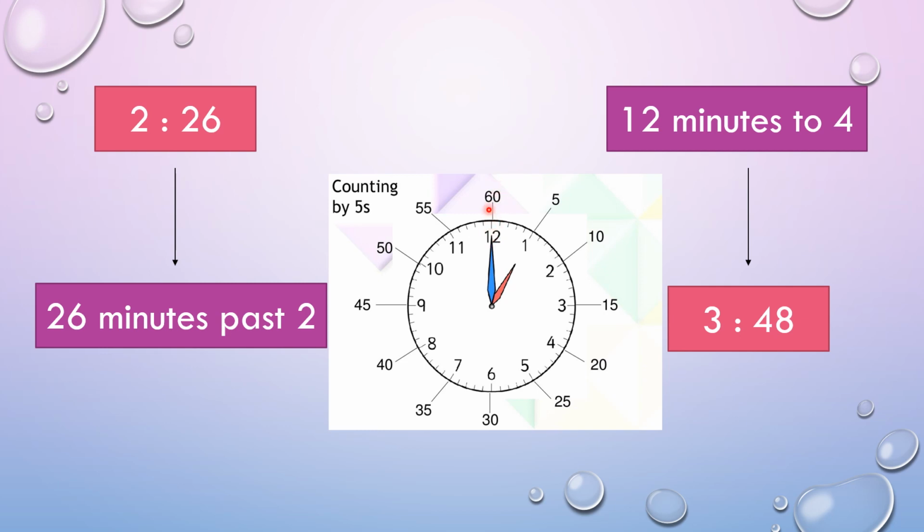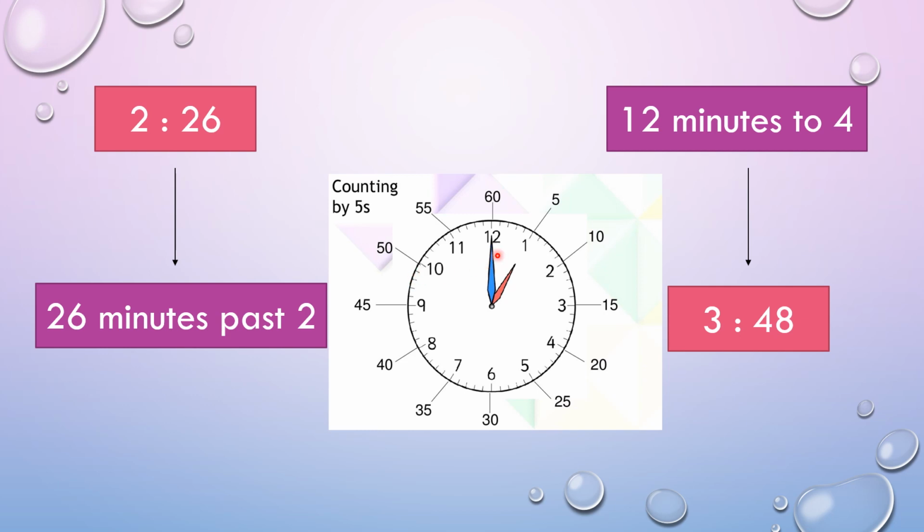Count backwards for 12: 60, 59, 58, 57, 56, 55, 54, 53, 52, 51, 50. Here we already have 5 just now, correct? From 60 until 55, there are 5 minutes. From 55 to 50, there are 5 minutes. 5 and 5 is 10. So we need 2 more minutes. 1 here, 1 here. So if this is 50, here should be 49, correct? And the last point is 48.